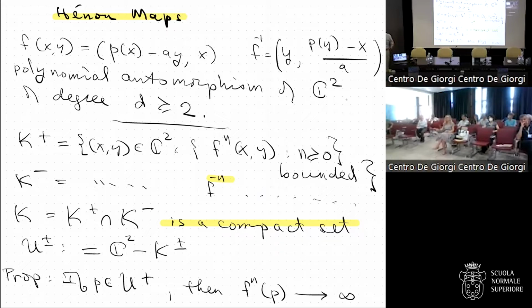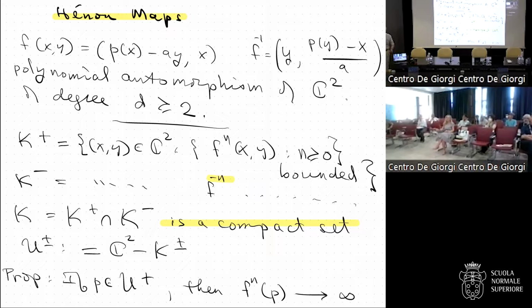Okay, so we have an invertible mapping. Every time we have something forward, we put a plus. For the backward things, we put a minus. And the set of points that stay bounded in both forward and backward time, this is K. It's a theorem that it's a compact set. Then there is the set of points that escape to infinity.